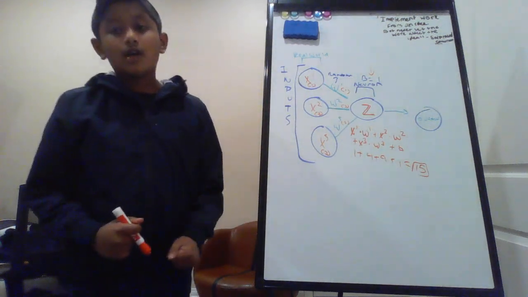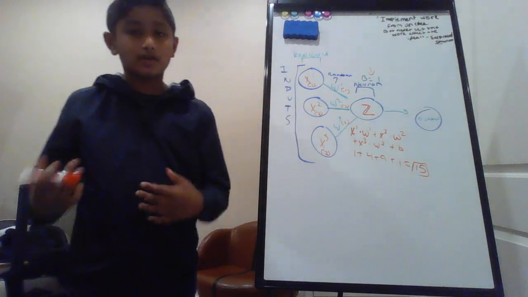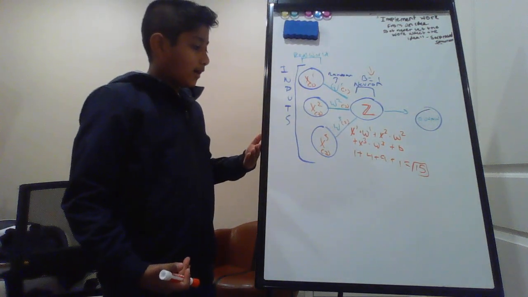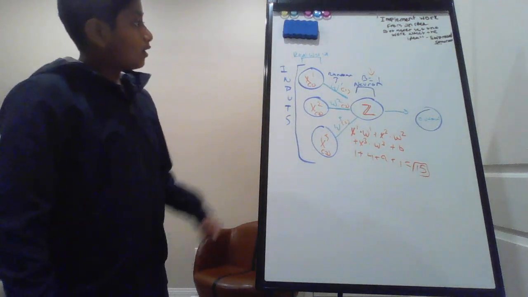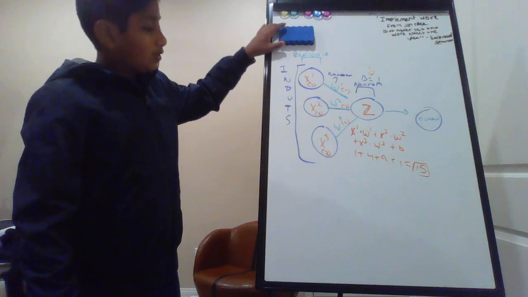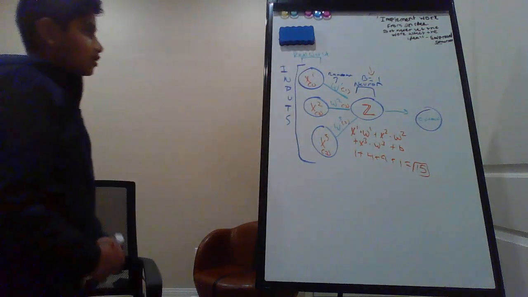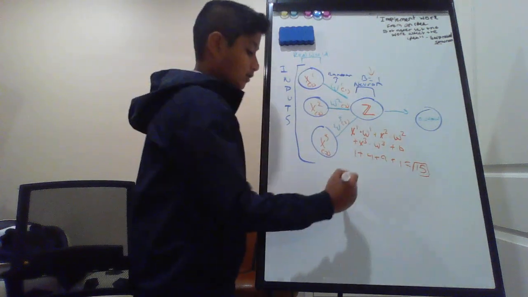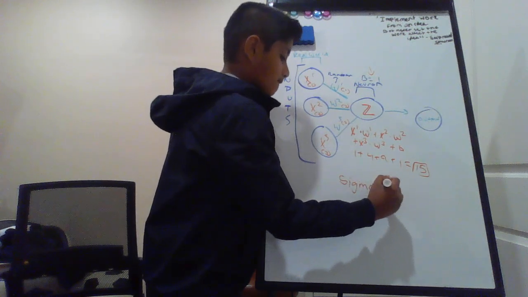There are many out there, and whatever you use, it's still going to work fine. You can choose whatever you like. So let me write the sigmoid activation function right here.